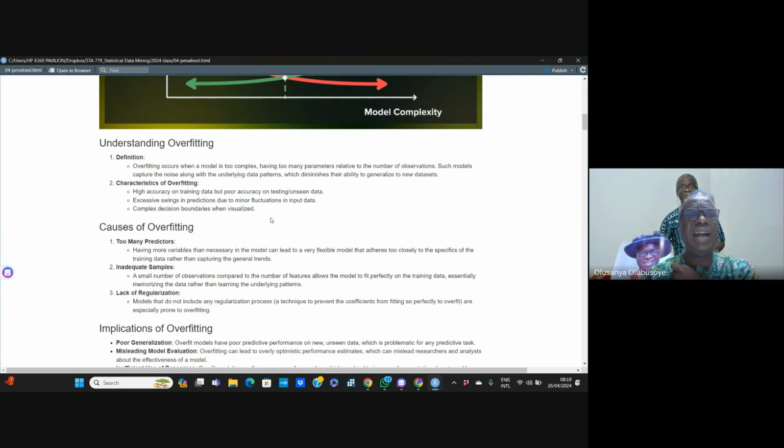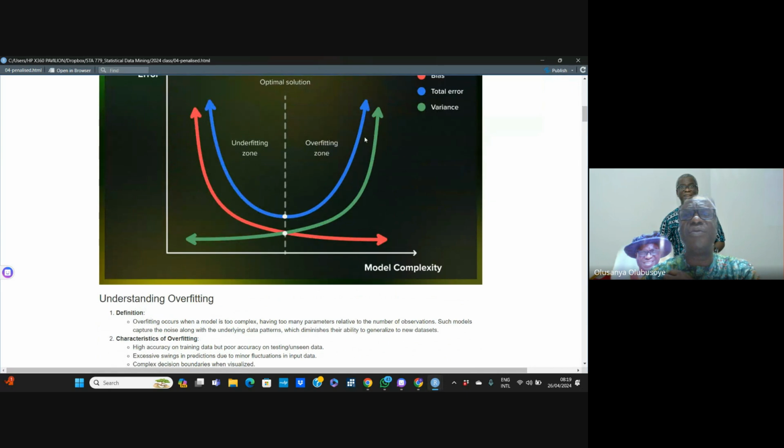So here I try to define overfitting: it occurs when a model is too complex. That is when you are in this zone, having too many parameters relative to the number of observations, so you have a very complex model. Such models will capture noise.